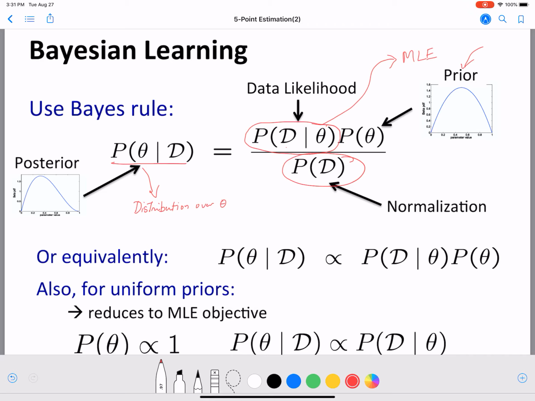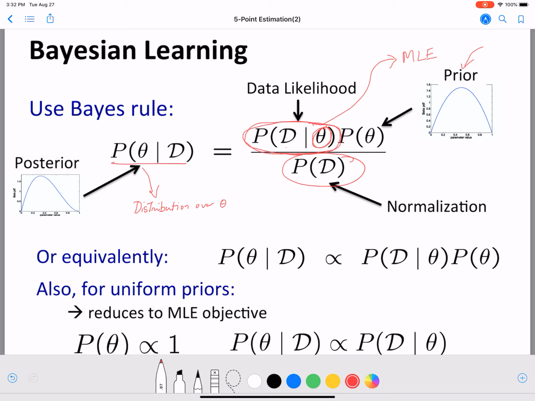Remember, when we did maximum likelihood, we used P of D given theta, and then we found the value of theta which maximized P of D given theta for MLE. That gave us a value of theta.